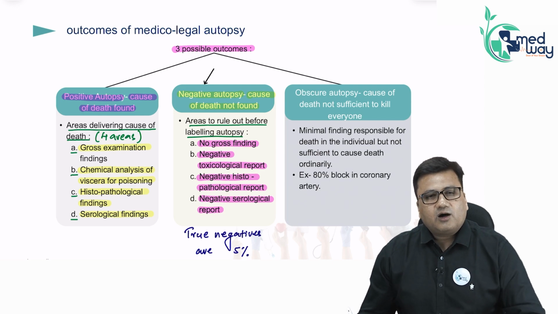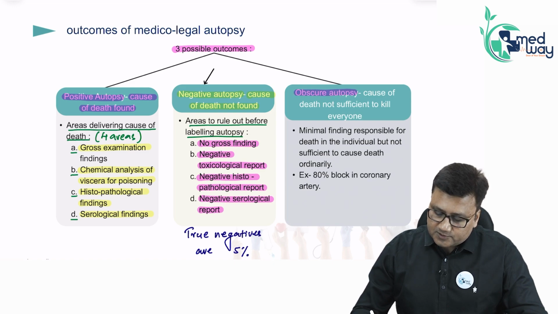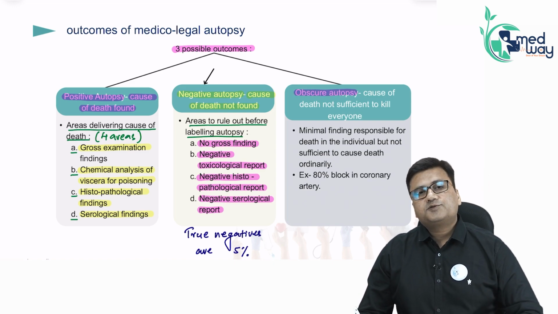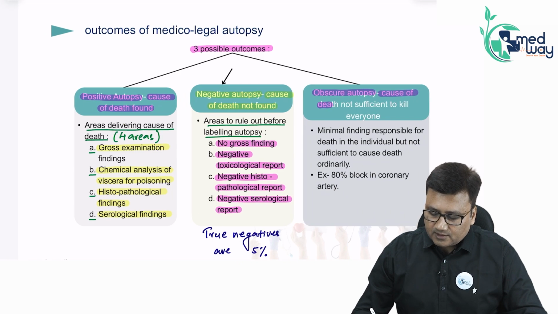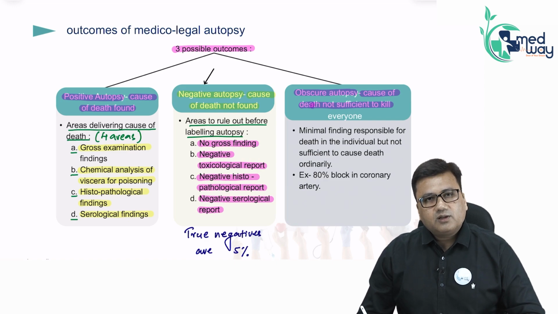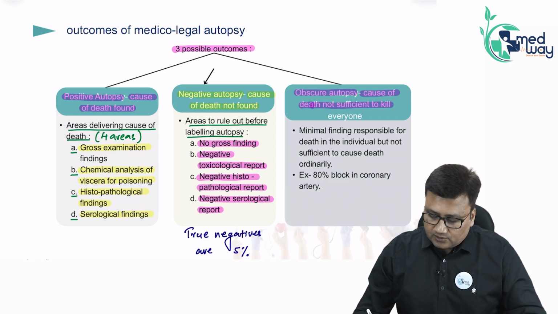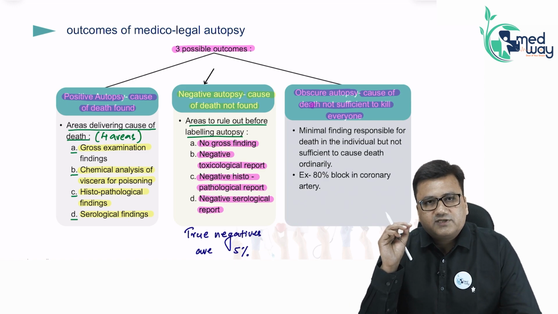Then third outcome of the medical autopsy could be what is called as obscure autopsy. What is an obscure autopsy? Where the cause of death is found, but it is not significant to kill everyone. Let us see what are we saying.